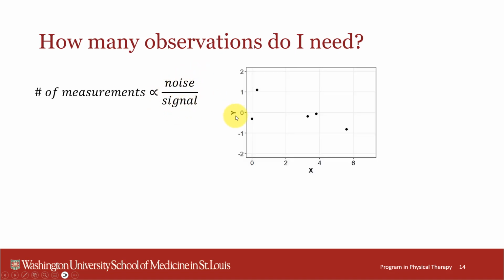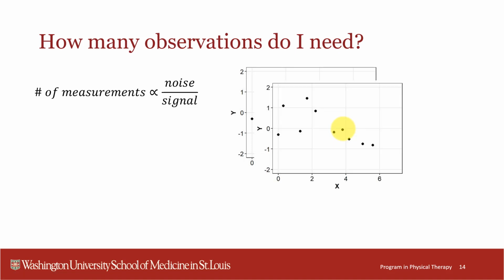To give you an example of that, let's say here's y as a function of x, and I've taken 5 observations. It looks like there might be some negative, linear relationship between x and y. If I take a few more observations, okay, it still looks like there's some kind of negative, maybe nonlinear relationship here.